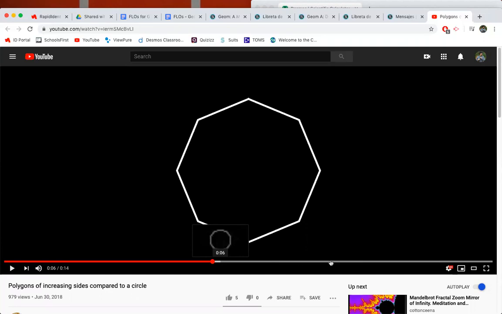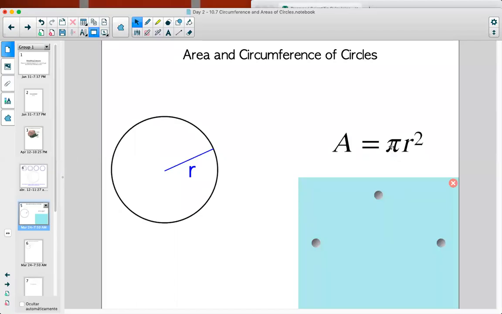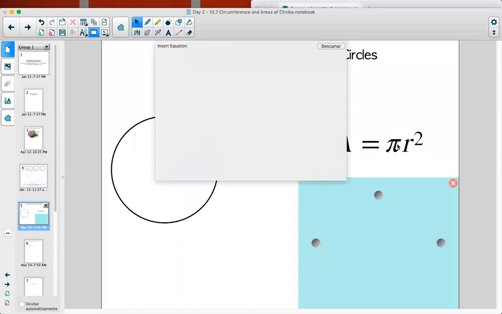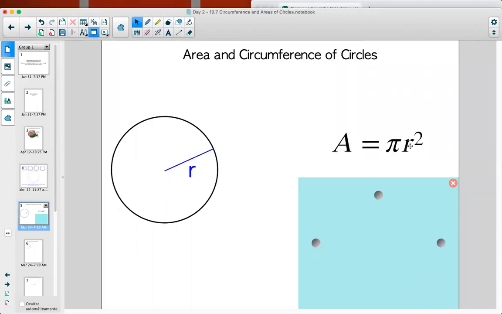And then when the polygon became a shape that had 100 sides, that area stayed the same. It stayed as 3.14 dot, dot, dot. And so they decided to name 3.14 as pi, and radius, of course, is from the center to the circumference.